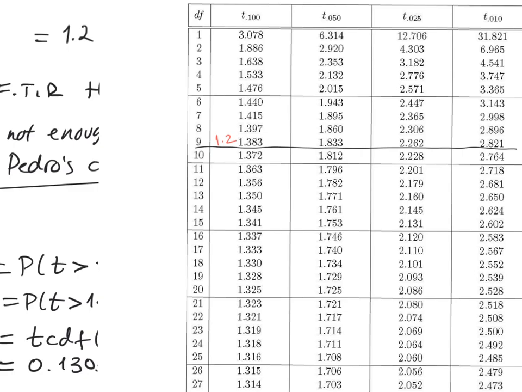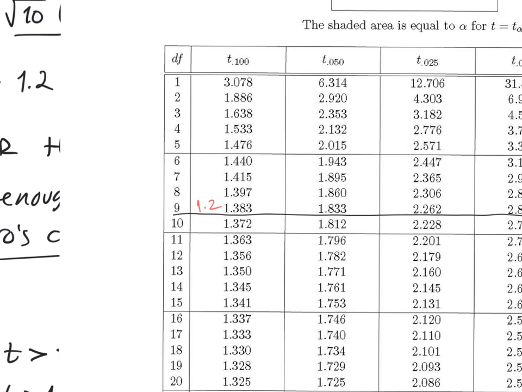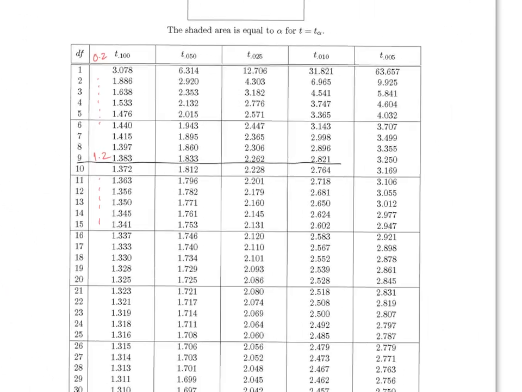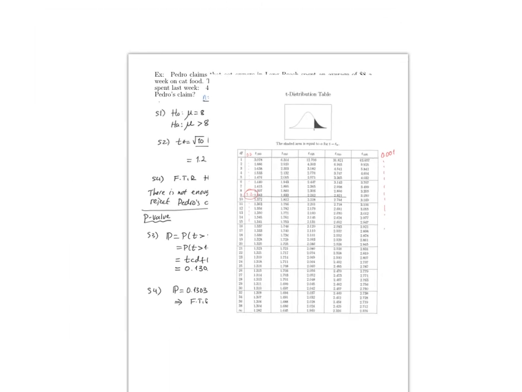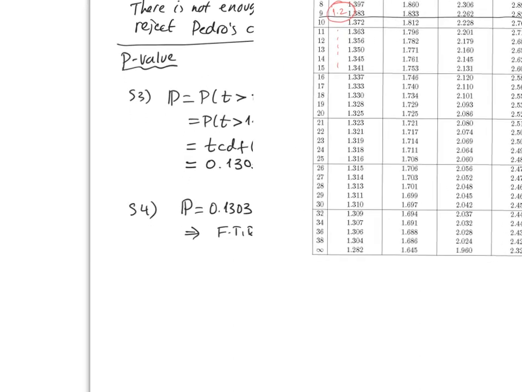Whenever you end up with a number in this region, you should always use 0.2. And if the value landed here for whatever reason, which could happen, just use 0.001. Those are not the exact values, but they are enough for the purpose of what we're doing right now. So since 1.2 is here, all you have to do is pick the p-value to be 0.2.